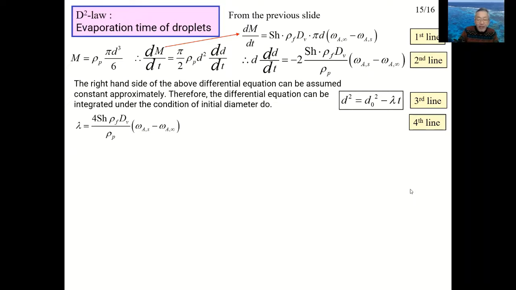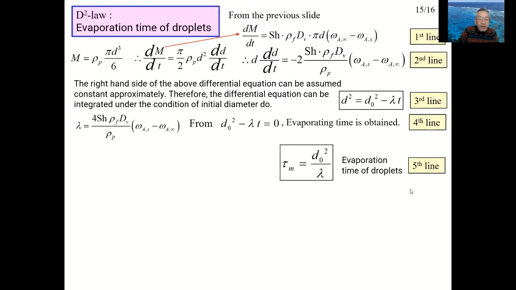Lambda is a constant given in the left equation on the first line. By putting d equals 0 on the first line, the evaporation time tau_m of the droplet can be obtained as shown on the fifth line.